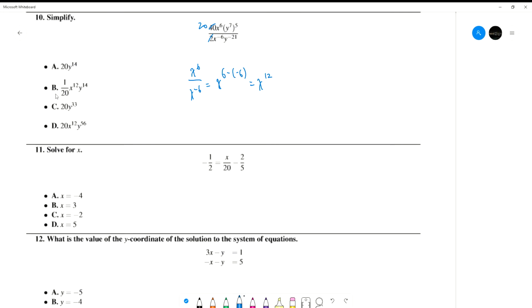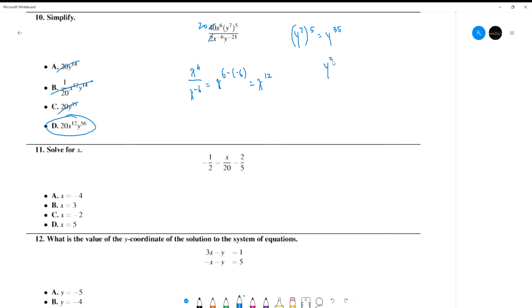So I already know B is wrong because 40 over 2 has to be 20, right? And I already know that A is wrong and C is wrong because x has to be to the 12th power. So just by process of elimination, D is the correct answer, but we should continue and see, right? So y to the 7th to the 5th power is y to the 7 times 5, which is 35.